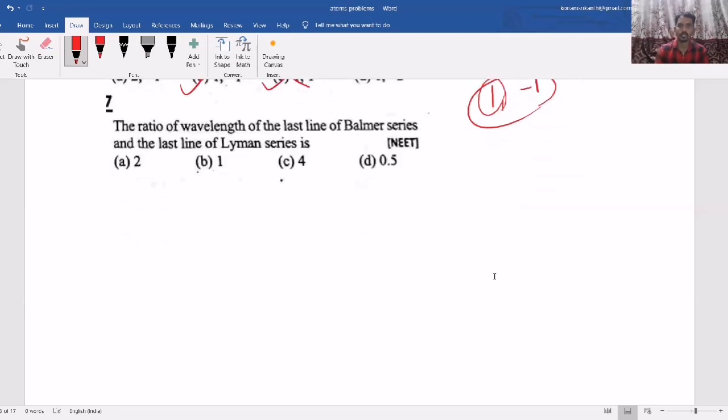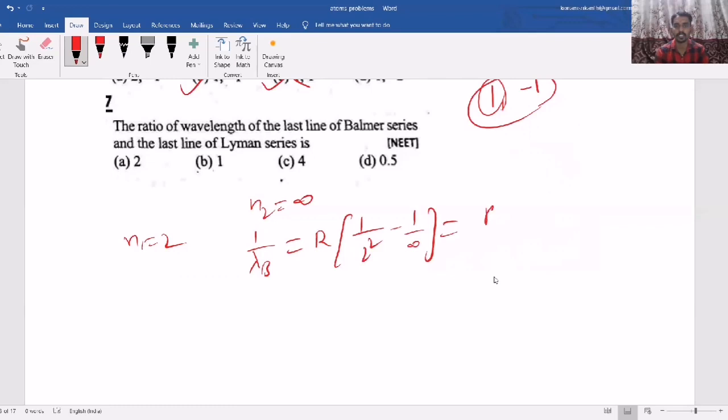Now comes the question based on the spectral series. The ratio of wavelength of the last line of Balmer series and that of Lyman series. So last line means N2 should be infinity. First you take Balmer series. So Balmer series means N1 is 2. Now 1 by lambda for Balmer series, that is R into 1 by N1 square minus 1 by infinity, that is R by 4.